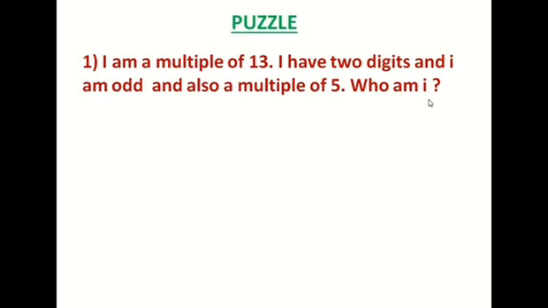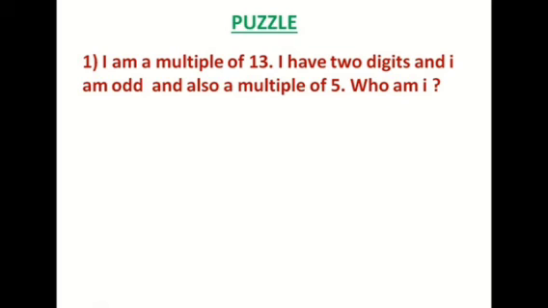Can you tell me the easiest way to reach the number? What do you think? The first statement is the easiest clue, I feel. I am a multiple of 13. So if you think of table 13 and then follow these conditions, you will easily get the number.